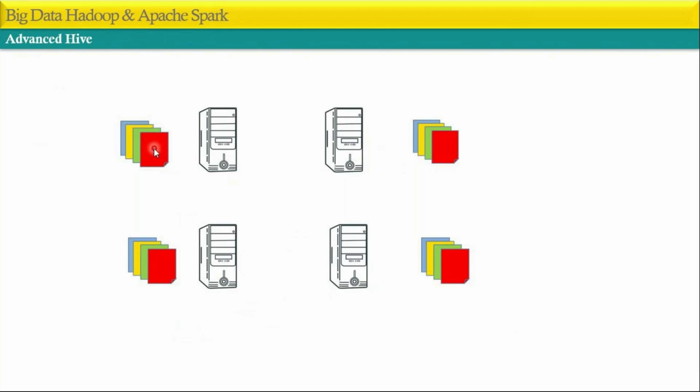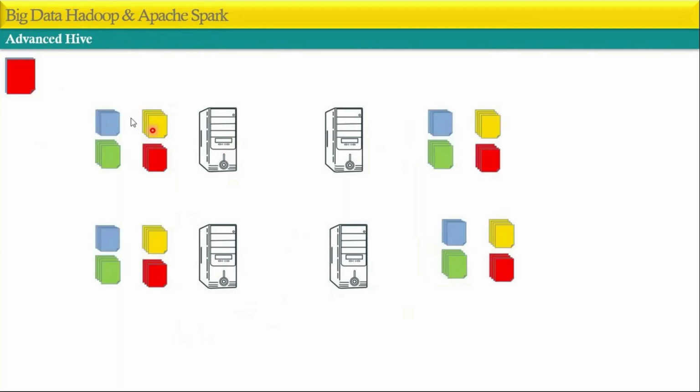If I need to fetch the population of Delhi, that is the red color, I need to scan all the records from this machine, this machine, this machine, and this machine. But if I have done the partition or bucketization, and I place the records in this way, then as and when required, if I need to get the red one, only these particular records will be scanned. The rest of the records will not be touched.